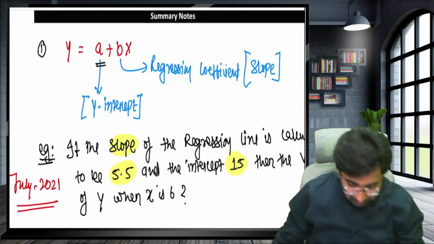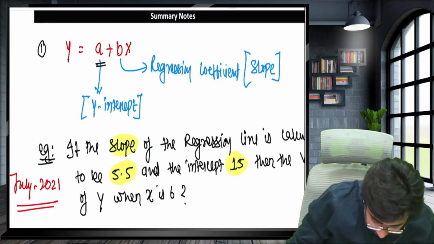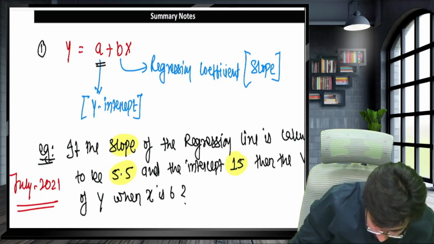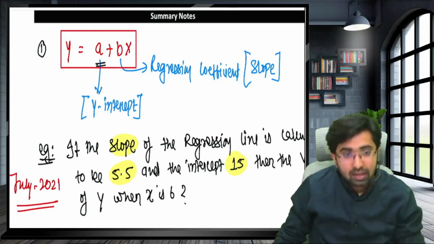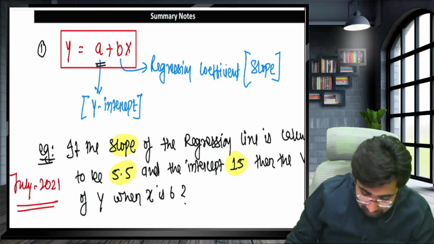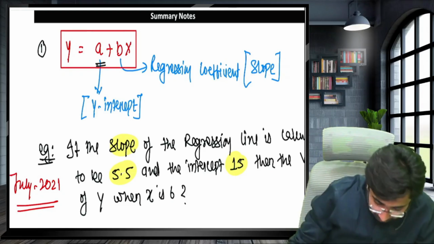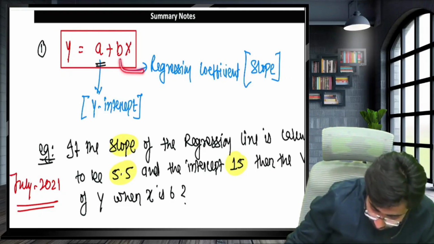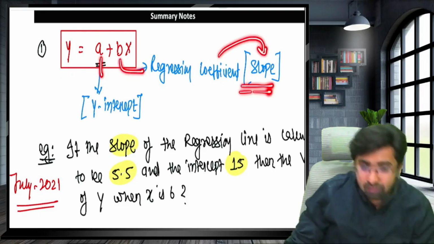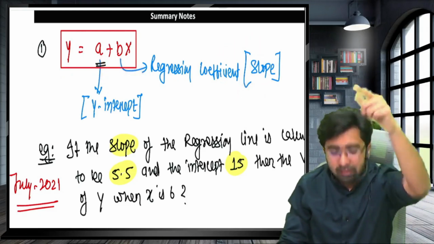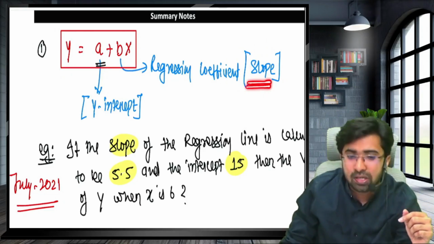See guys, can you see this is our standard format of y on x? Say yes or no? Guys, this is in terms of straight line. In terms of regression, we name it the regression coefficient, and in terms of straight line, we name it the slope.